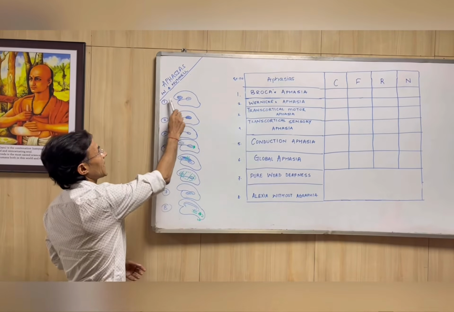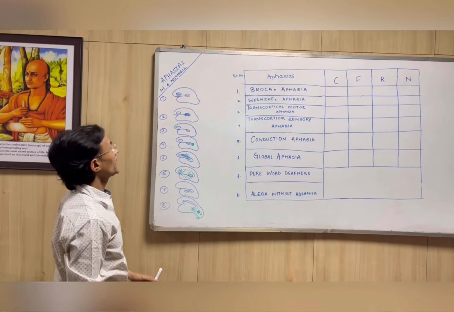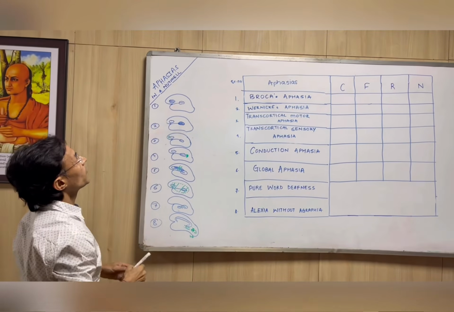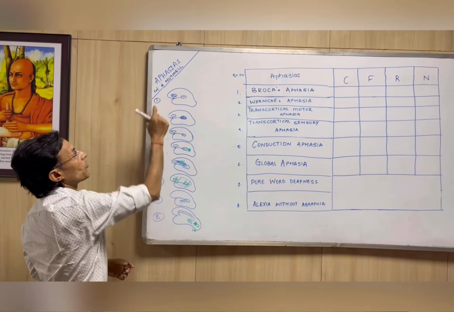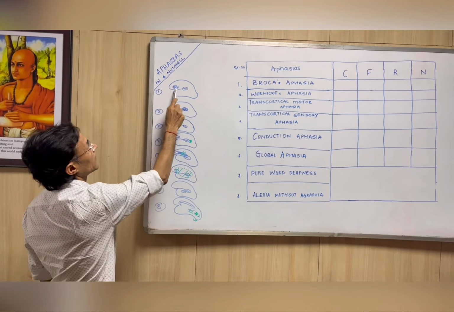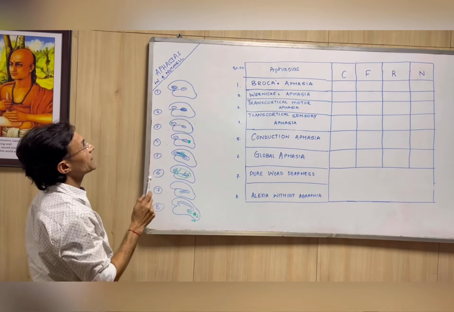If you see, there is a lateral section of the brain drawn here, and this is the inferior frontal lobule where the Broca's motor speech area is situated. This is the inferior frontal lobule of the dominant hemisphere.